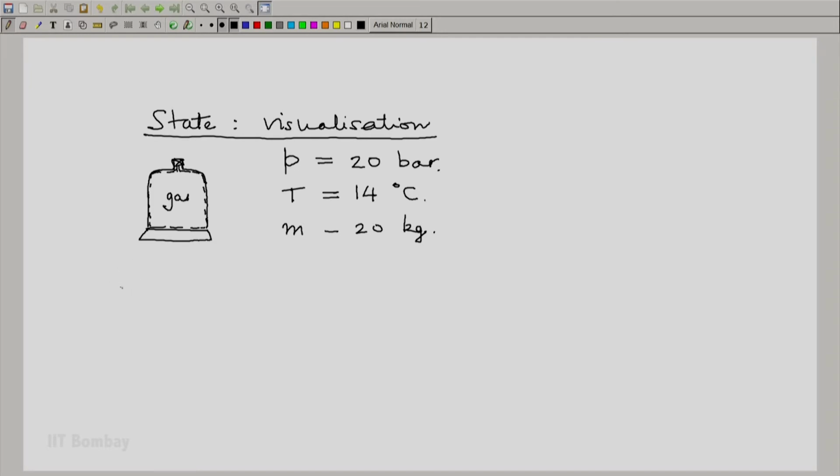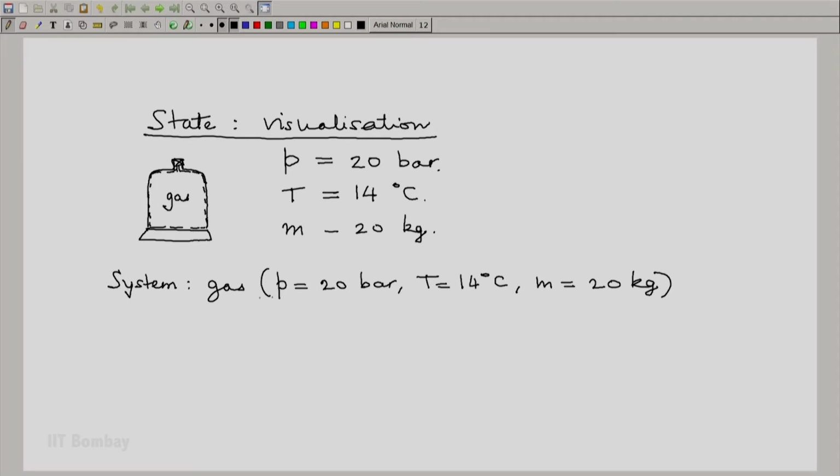One way of noting this down is our system and its state is gas, list of properties, quantification of property. So P is 20 bar, T is 14 degrees C, and mass is 20 kg.